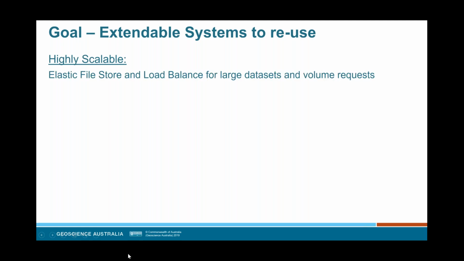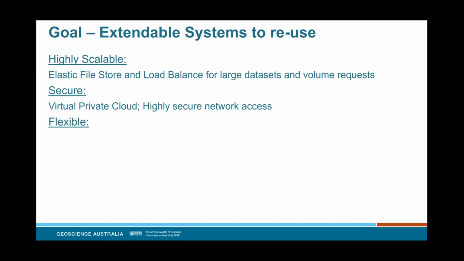We want it to be highly scalable. The amount of information that we're gaining now is outweighing the information which we've got stored. Everyone knows this problem. Secure, for government obviously needs to have a number of highly secure networks. We want it to be flexible.